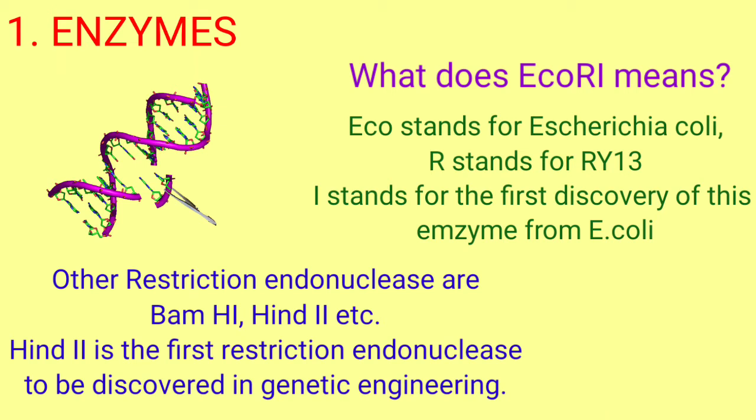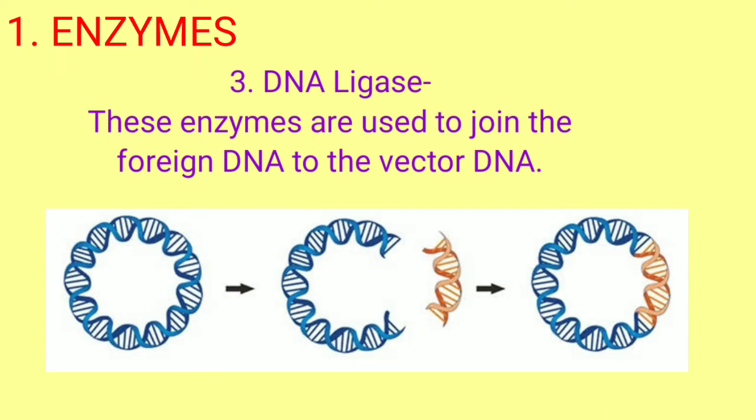And now let's come to the third type of enzyme that is used, that is DNA ligase. DNA ligase is an enzyme that helps in joining the cut sequences in the vector. In the previous diagram, you have seen two DNAs, the vector DNA and the foreign DNA.